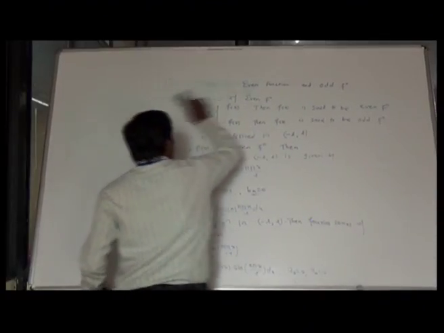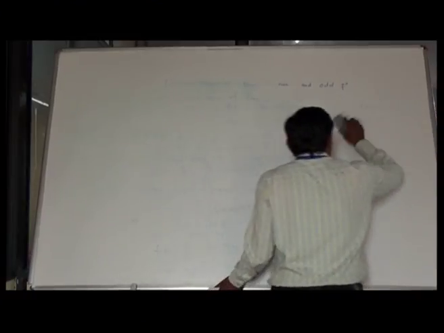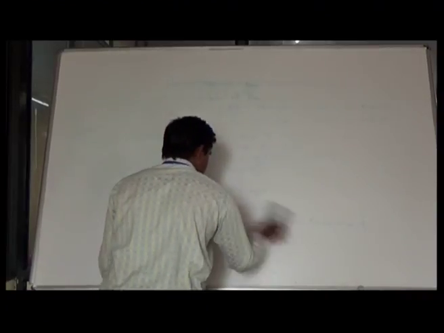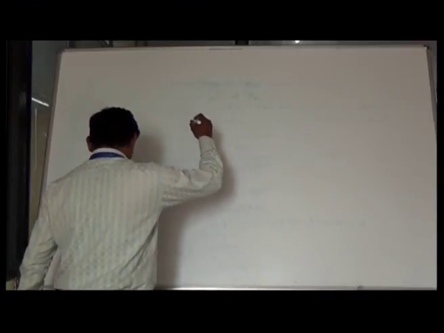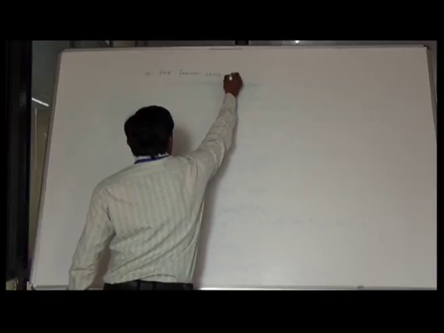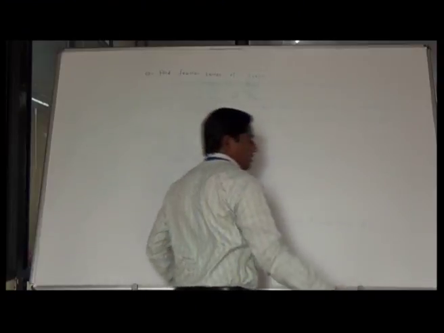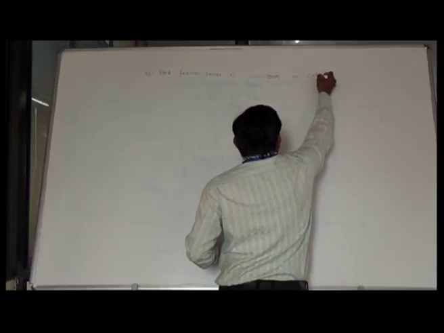So first example, the first question: find the Fourier series of f of x equal to mod of sin x in minus pi to pi.